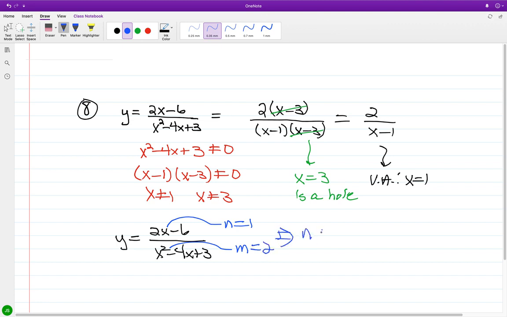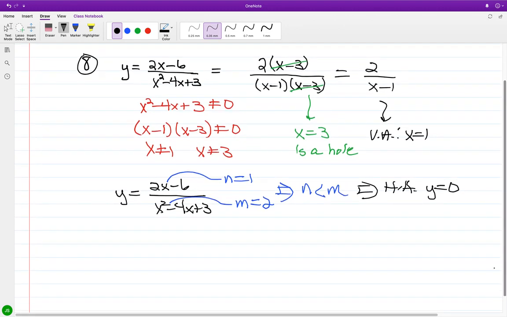And we have n is less than m, so in this case, there'll be a horizontal asymptote at y is equal to 0. And if we go ahead and look at points, that will be applying to this rational function.